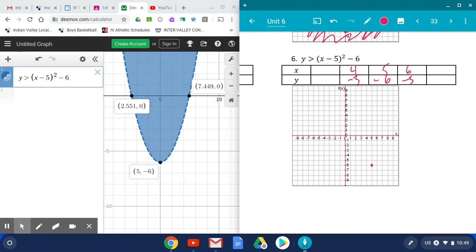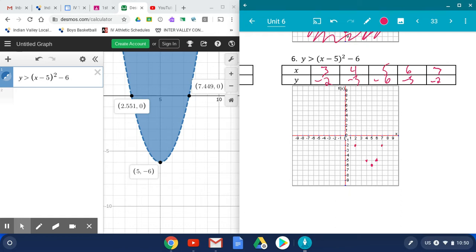Let's see if I can find another one. There's another lattice point right there. 7, -2. So that'd be 3, -2. So I can find those points. Boom, boom. 7, -2, 3, negative 2.